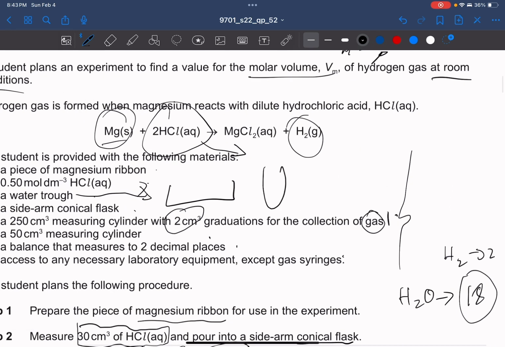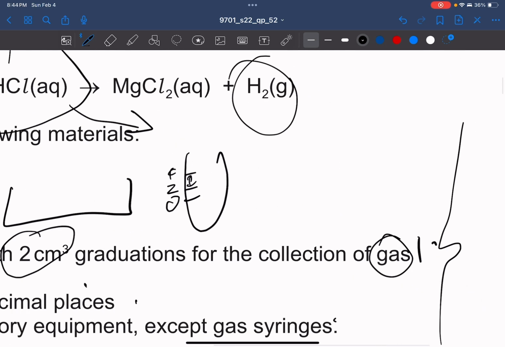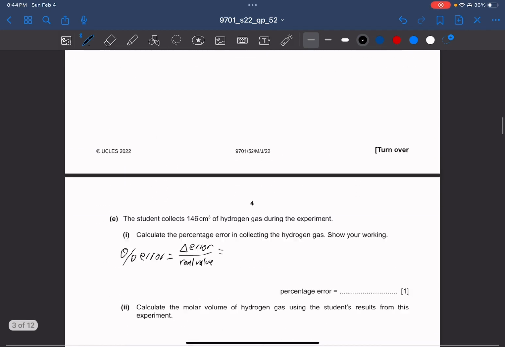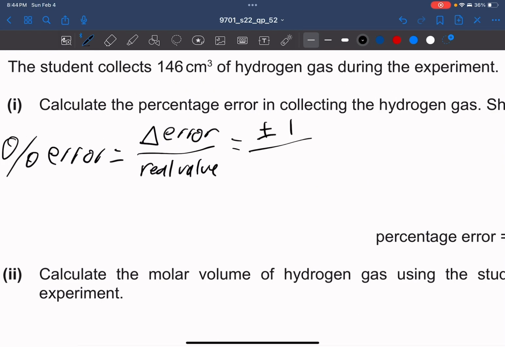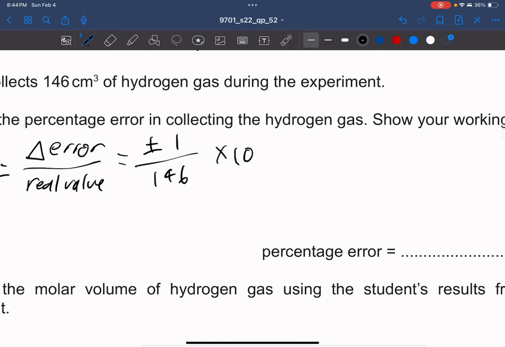If we have a graduation of 2 cm³, our error is going to be the division divided by 2, so it's going to be 1 cm³. So our error is just going to be plus or minus 1 over 146 times 100%. So our error is going to be plus or minus 0.685%.